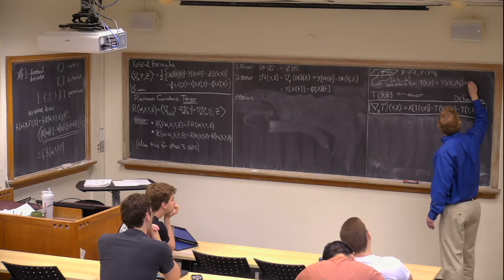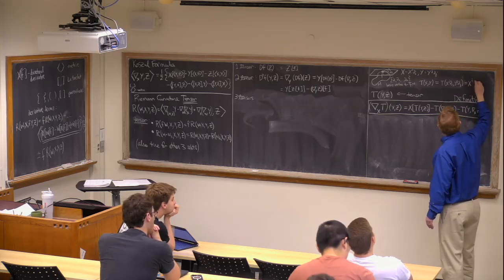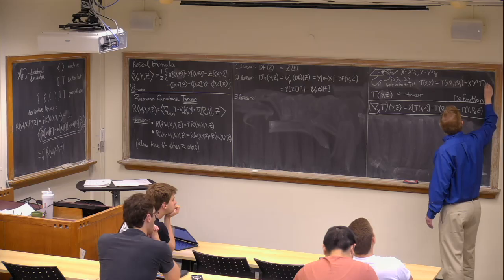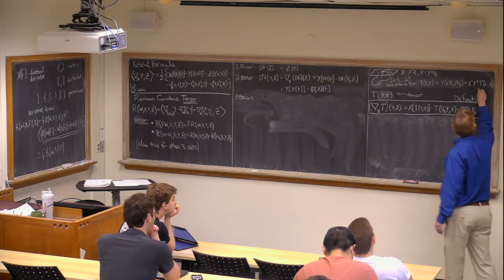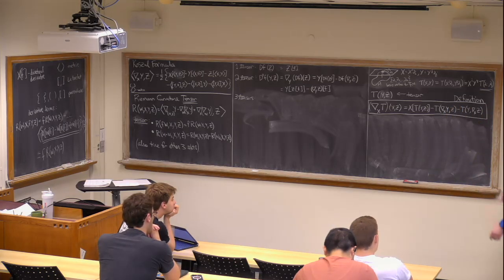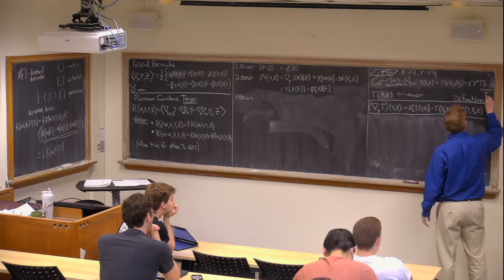Okay. And then you can also factor these x^i's out. So what you get then is x^i y^j times T of partial_i, partial_j. And so all you actually need to know are those n squared numbers. Those n squared numbers are the matrix, right? So this thing right there we can call T_ij.